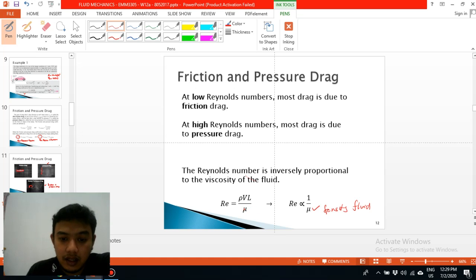Lower density will produce lower Reynolds number, if the other terms are constant. But if your density is low, we will produce high Reynolds number.